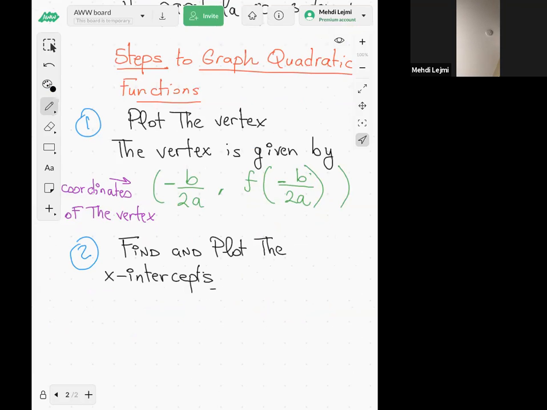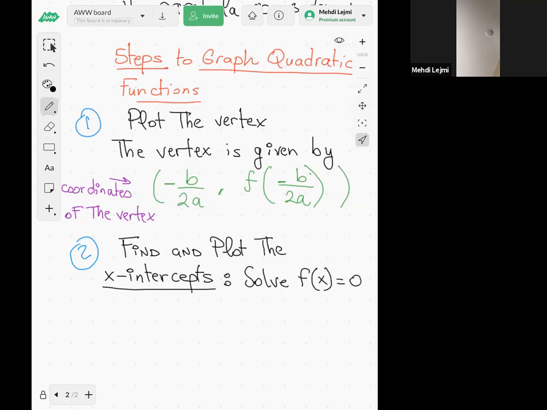What does it mean? Let me remind you what I mean by x-intercept. The x-intercept is the intersection of the graph with the x-axis. And to find the x-intercepts, you are supposed to solve f of x equal to 0.